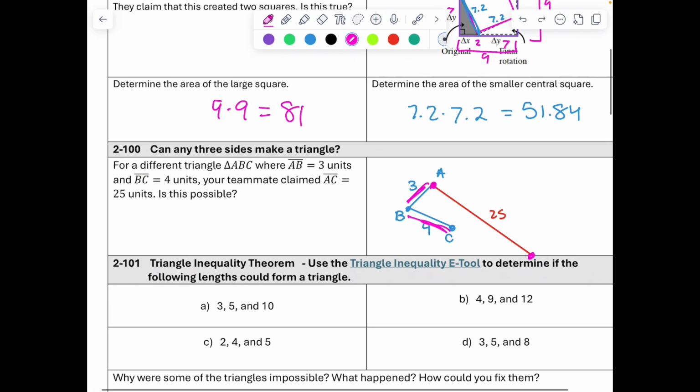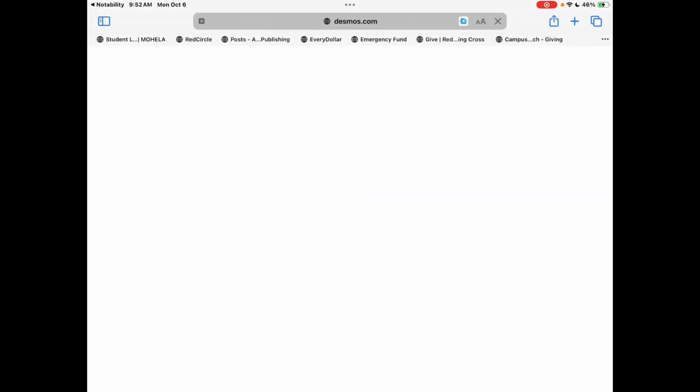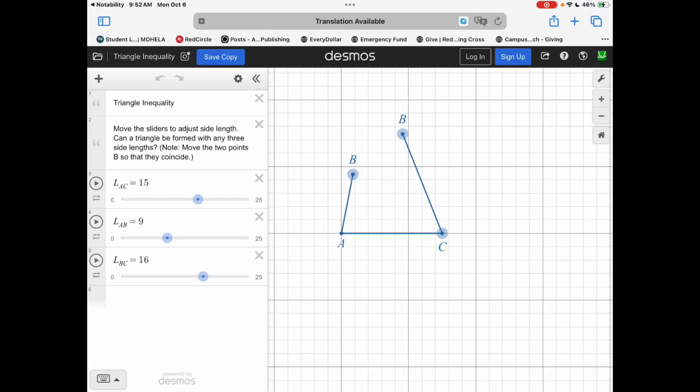So we actually have something called the triangle inequality theorem. Okay, so we have this e-tool that you might use in class. Okay, so let's try this. If one of our sides is 3 and one of our sides is 4, honestly 4.1 is good enough. Can the other side be 25?